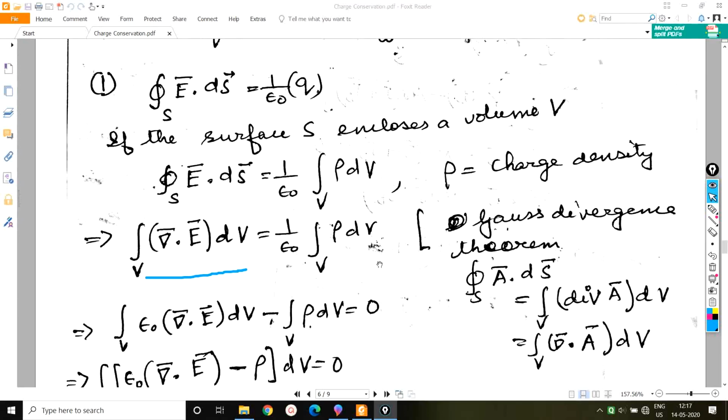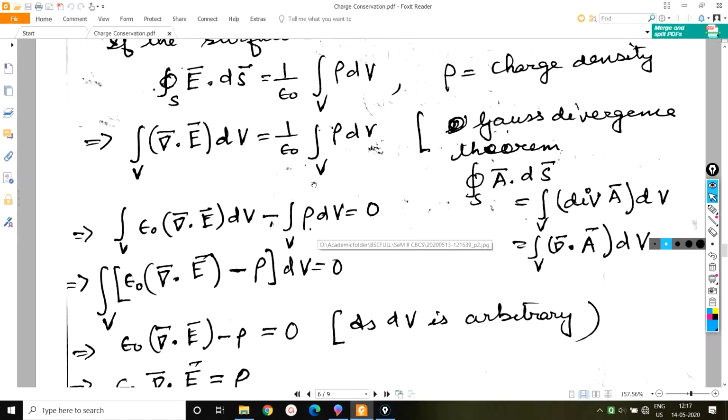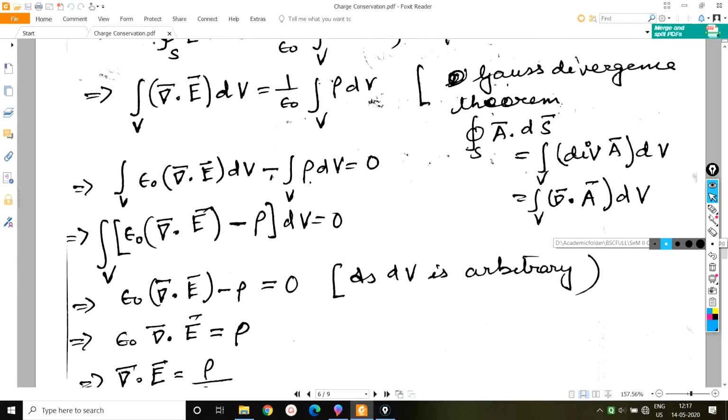You make a transpose, that is, take this to the left hand side and simplify. You put the dv out and take the other thing common. Now let us concentrate on this line. What leads from this line to this line?